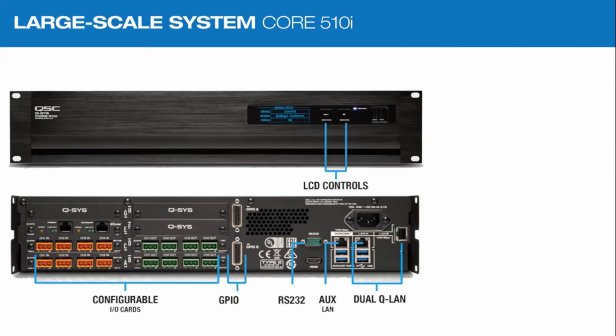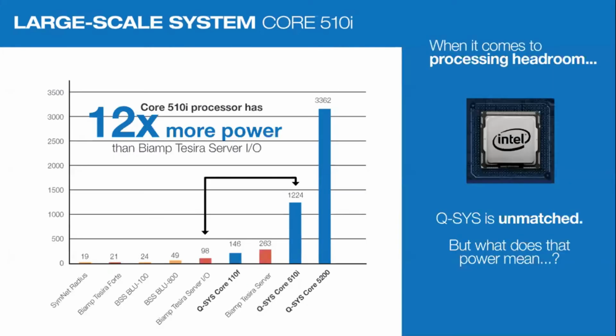So in some applications, you might want to isolate the real-time audio traffic into a different VLAN from the control traffic. So the Q-SYS core, for those who are interested, doesn't support VLAN tagging on the ports. So we have a separate physical NIC that allows you to bridge a Core 510 into a separate control network. Again, the processing headroom situation is kind of ridiculous with the Core 510.